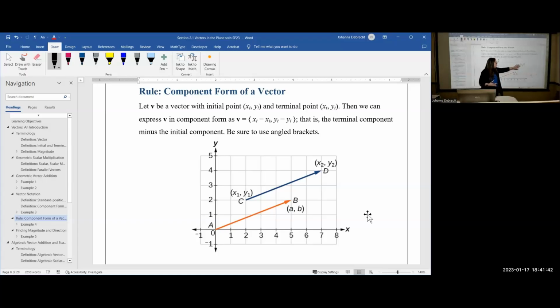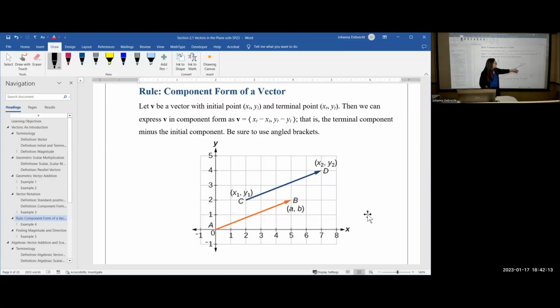So it's terminal minus initial. It's the arrow end coordinates minus the ball end coordinates. So this would make it x2 minus x1. Now, when you're looking at something in standard position, this is why we like standard position so much, because the coordinates of the initial point are 0, 0, and subtracting 0 from something doesn't change it. So that's why the component form is just this right here.